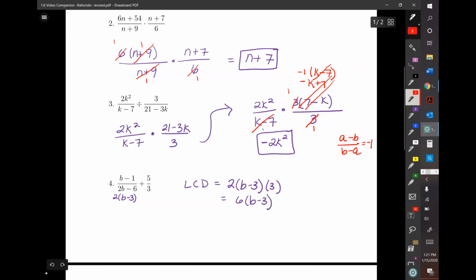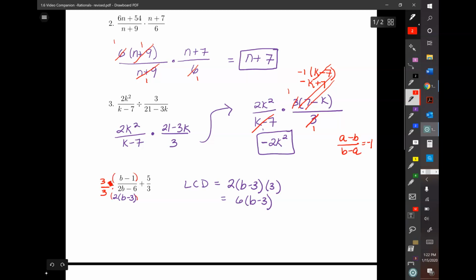So on the first fraction, all I'm missing for my other factor is a 3. So I'm just going to get that number out of the way. So I want to multiply my entire fraction by 3 over 3. It's like multiplying by 1.